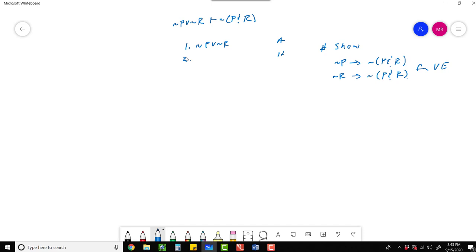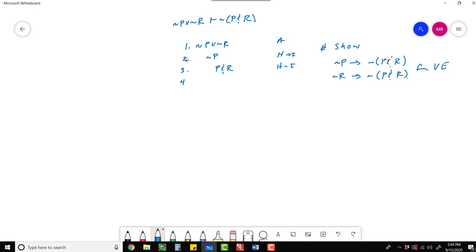So I'm going to hypothesize not P, right? And then seeing that there's nothing for me to do on the basis of that hypothesis, remember this was for conditional introduction, I'll go ahead and hypothesize the negation of the conclusion or its logical equivalent, which in this case would be P and R. Right, so hypothesis for negation introduction.